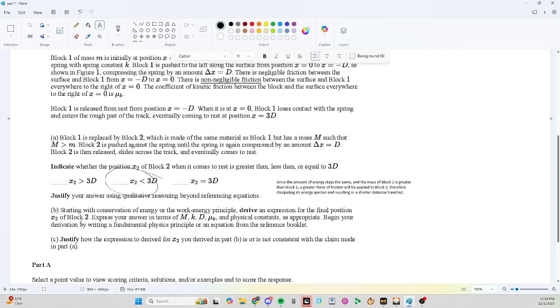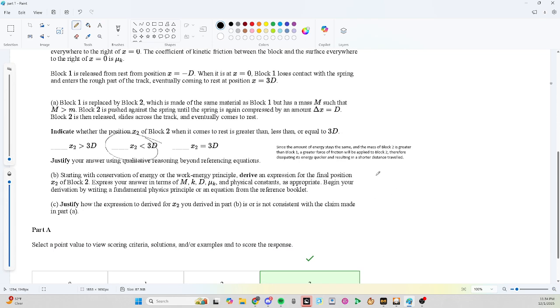And part B says, starting with conservation of energy or the work-energy principle, derive an expression for the final position x2 of block 2. Express your answer in terms of m, k, d, mu k, and physical constants as appropriate. So here we can first start off with the work in is equal to the work out.